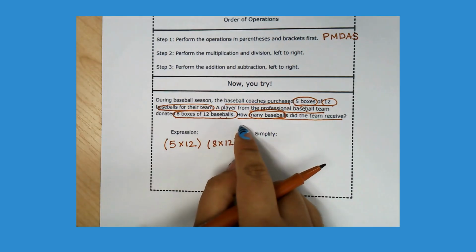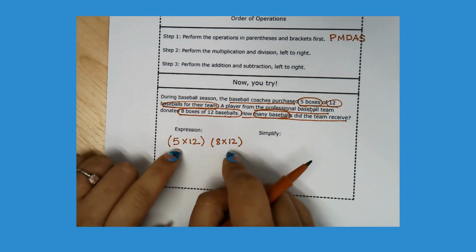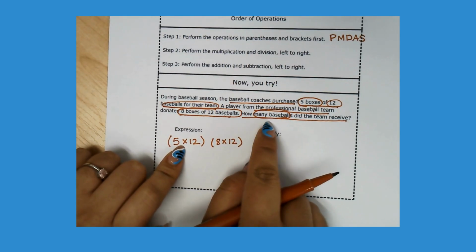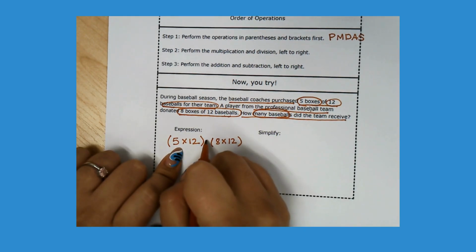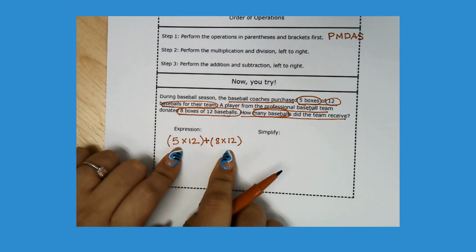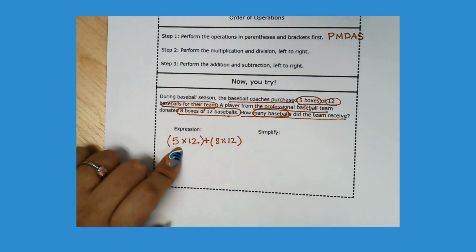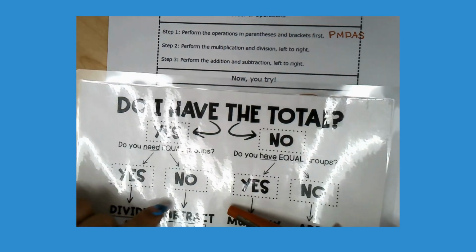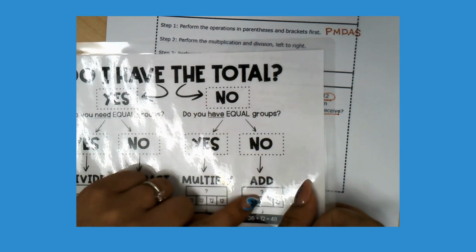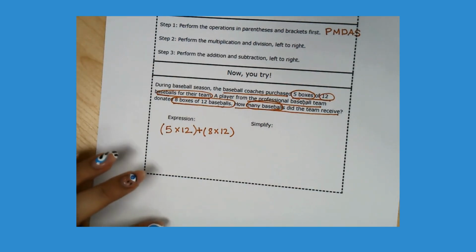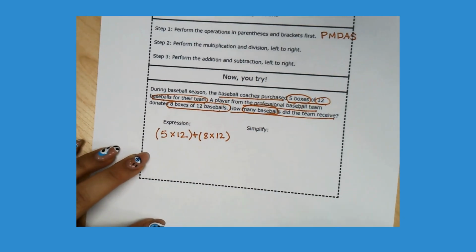And how do I know the total? Well, after I find these, if I want to find the total, how many baseballs in all, I'm going to have to add. Because if I don't have a total, and I'm not making any equal groups, now I have to add.